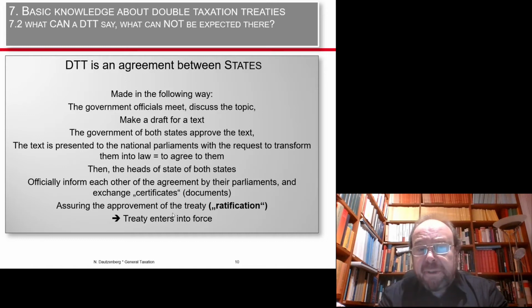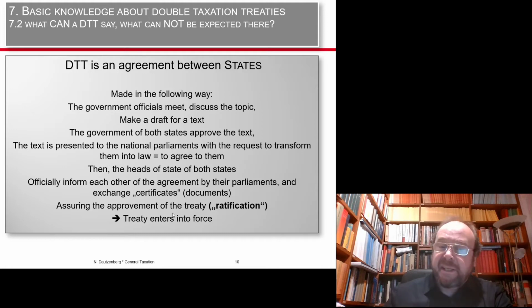Now Parliament passes laws in two states. Then the heads of state, so the president or the king or queen, officially sign the treaty and officially communicate to the other state, my state gives itself the honor to inform you that we have decided to bring that treaty into legal effect, and they exchange the ratification certificates. Then the treaty enters into force at the next possible date.